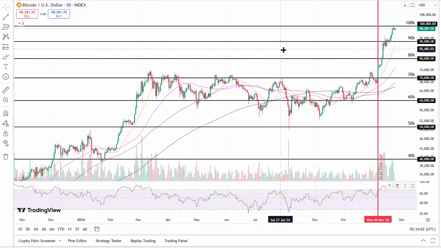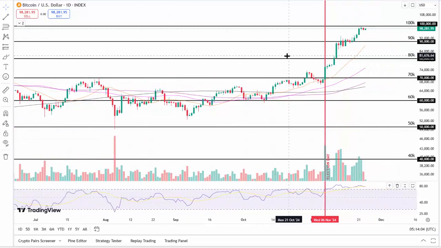However, since 1 or 2 weeks ago, on election day, it blasted to 75.5, and soon after we were at 80K, and then the next day, in one day, from 80K to 90K, and it didn't even bother to retrace any significant amount.